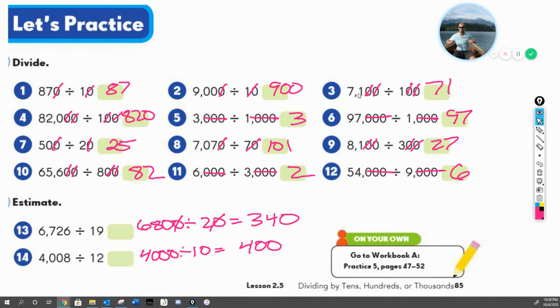So I did 2 and 2. Here I did 2 and 2, and this 0 remains behind. Same thing over here. Cross out this one, cross out this one. This guy here gets to stay. And the estimating, that all looks good. I did the same thing down there. You could have done 7,000 too, if you know that half of 70 is 35, but this works.